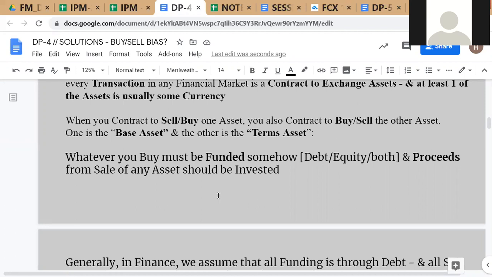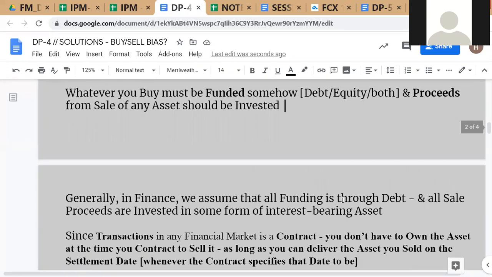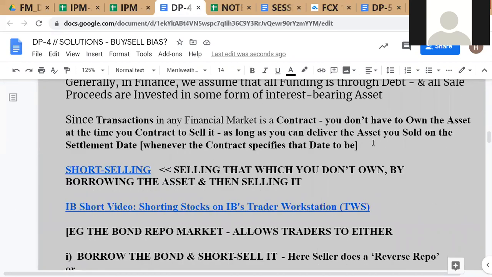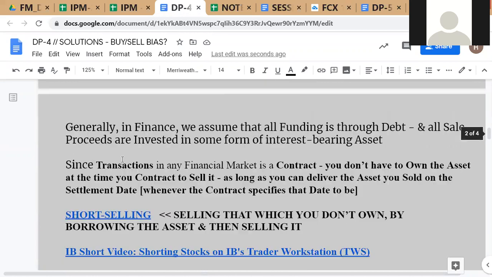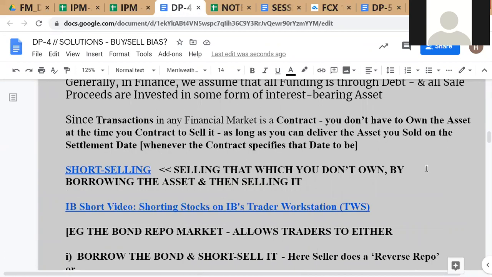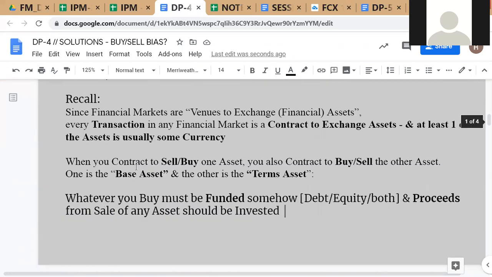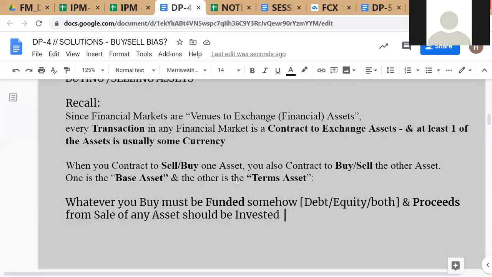So this concept of the balance sheet has to always be in your mind, that there is a funding involved. And the other idea that we are trying to introduce in this preface, which is what Harsh was asking about, is another definition that we have given you: every transaction in financial markets is a contract to exchange assets.